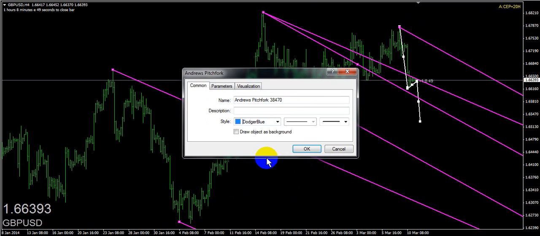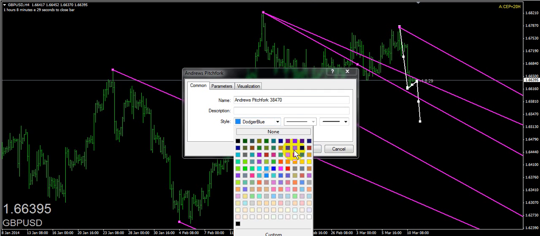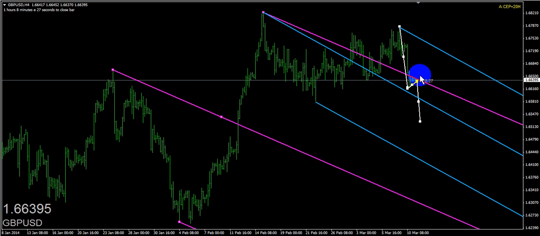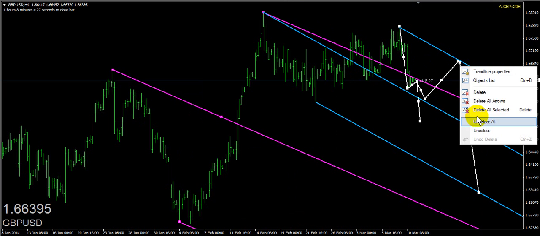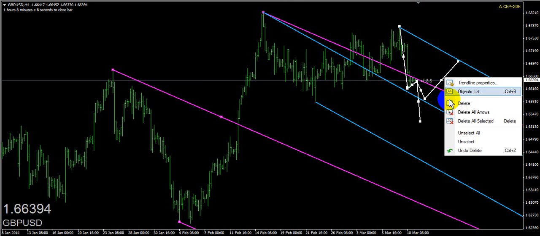Price will go up, go down, sorry, like this, and then break up and then back down like that. Either way it might work.